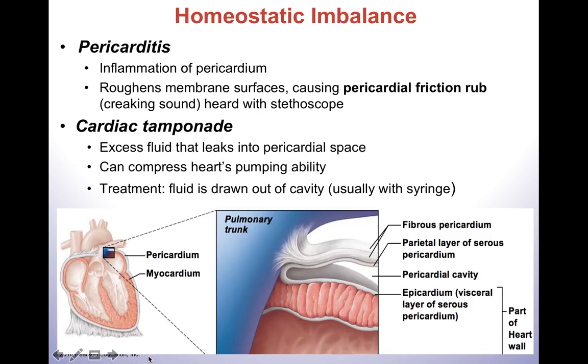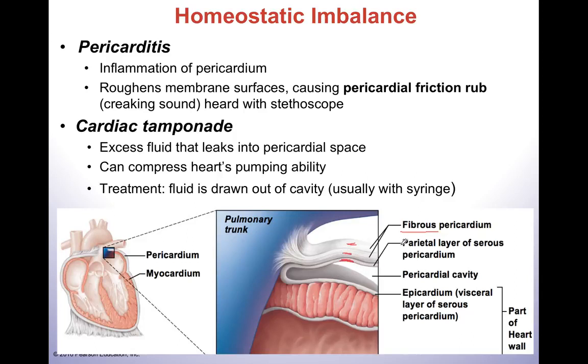So let's take a look at these layers in a picture. Here they're showing you the heart and the covering around it. The outer layer you see is a double layer. Right here is one layer. This is the second layer. This is the outer layer, the fibrous pericardium, which acts as protection. Then you have this layer right here.